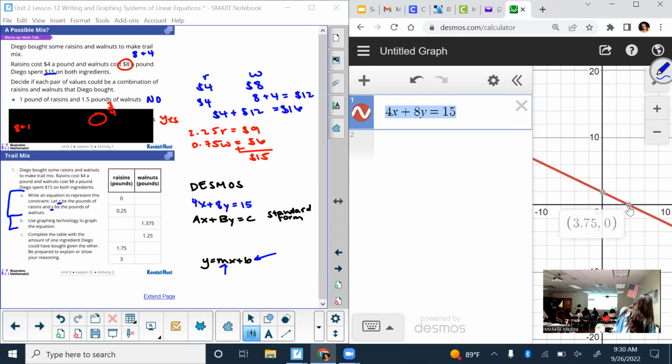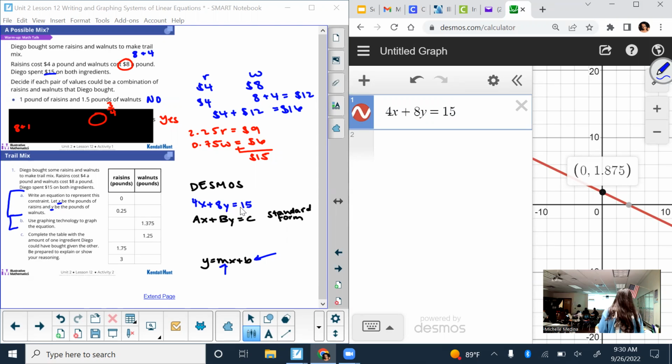And look, they even label your x and y intercepts for you. The y-intercept is 1.875 for this graph. So that's when they buy 0 what? Zero raisins, because the x goes with the cost of the raisins, right? The y goes with the cost of the walnuts.